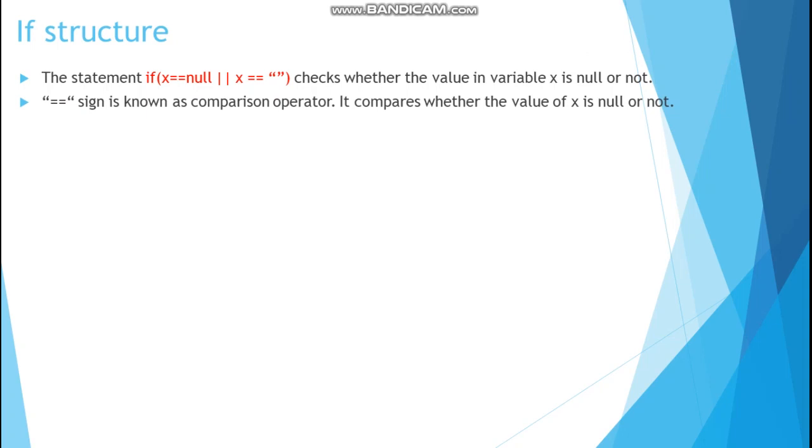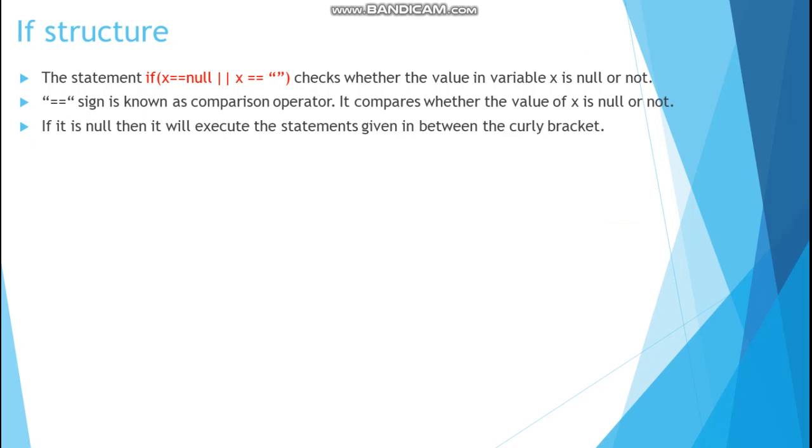There is a difference between equal to and double equal to. If you give x equal to 5, then it will store the value 5 inside the x variable. But if you give x double equal to 5, then it will compare x with 5. So double equal to is the comparison operator. It compares whether the value of x is null or not here.